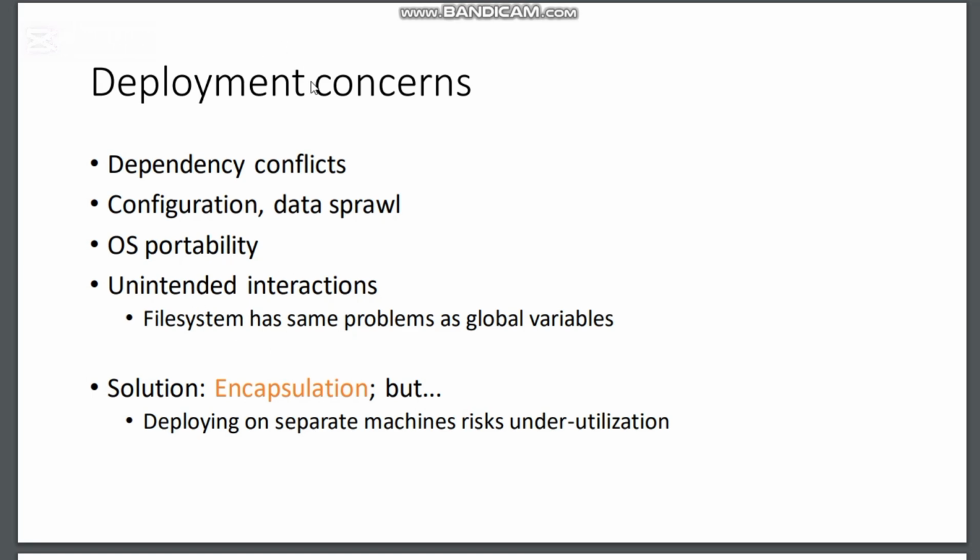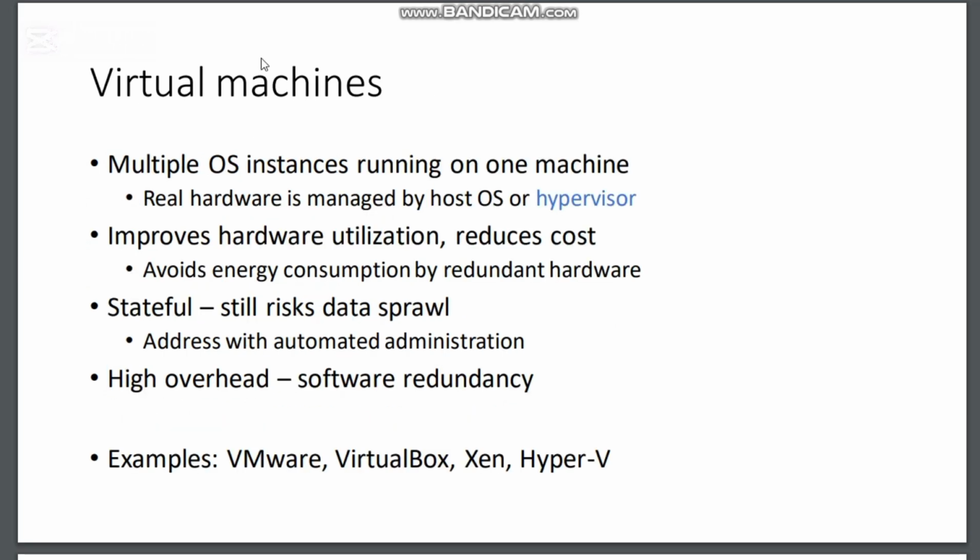These are the deployment concerns we have to consider when deploying our app. We can use virtual machines to bring virtualization, with multiple OS instances running on one machine. This is virtualization, and we learn about it in more detail in OS lectures.